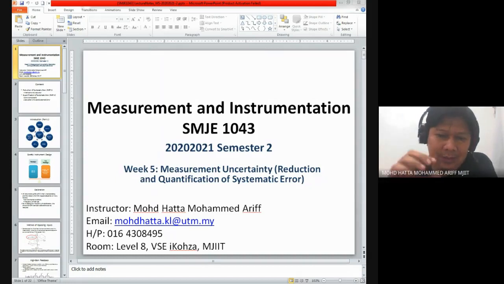The first part is to know how to reduce the systematic error, and the next part is how can we quantify the error, and how do we combine all the systematic errors and come up with a value of systematic error, or how do we quantify that systematic error if we have a few factors contributing to it.